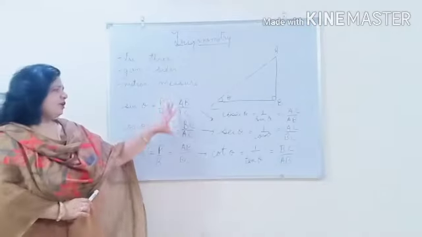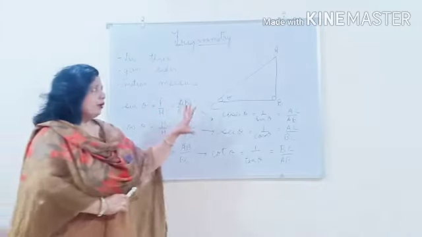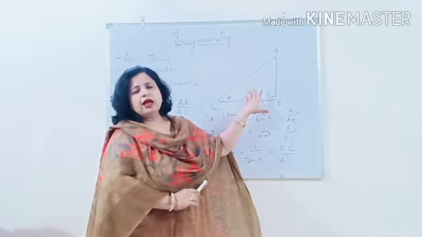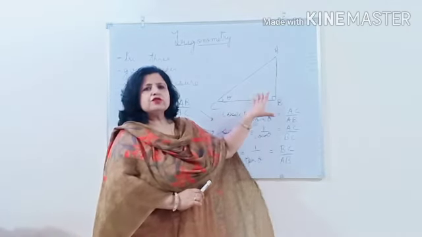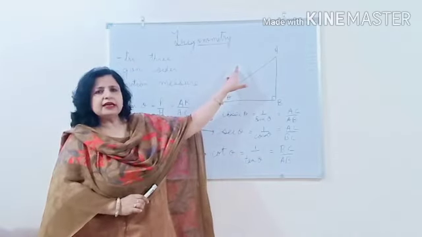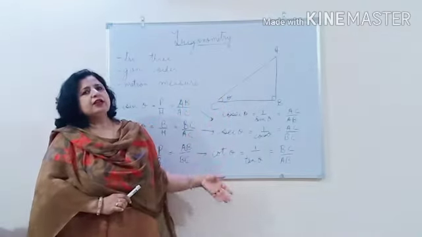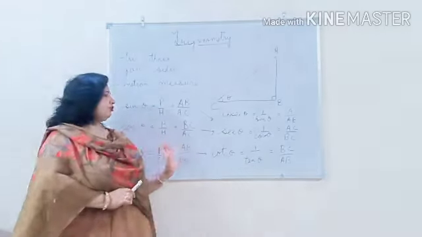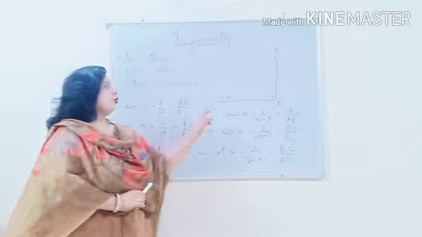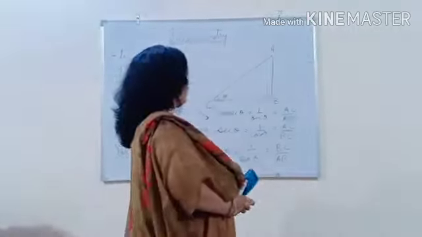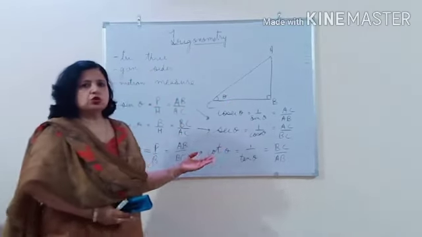If we are given any one trigonometric ratio, it means we are given two sides of this triangle, and when we are given two sides of this triangle, then we can find the third side, and hence we can find the remaining 5 trigonometric ratios for angle theta. Now let us solve one or two questions based on this.